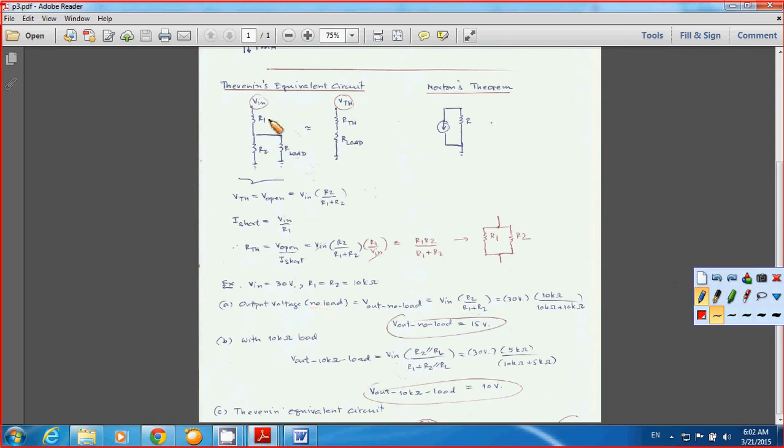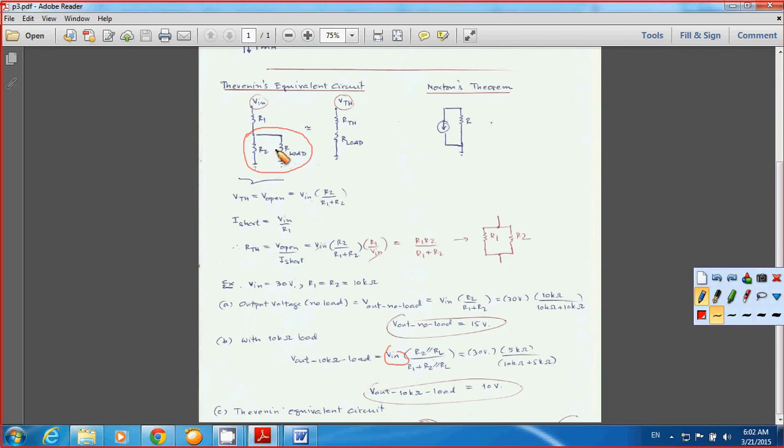You will have R load and R2 in parallel. So you apply the voltage divider: V in multiplied by R2 in parallel with R load, and then divided by R1 plus R2 in parallel with R load.